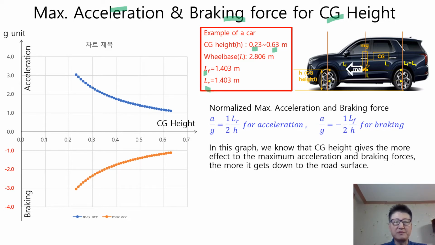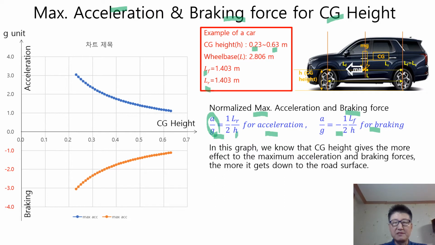In part 2 video, we have already seen the equations of normalized maximum acceleration and braking force. We have this equation for acceleration and we have this equation for braking. Therefore, G unit for acceleration and braking is inversely proportional to the CG height.